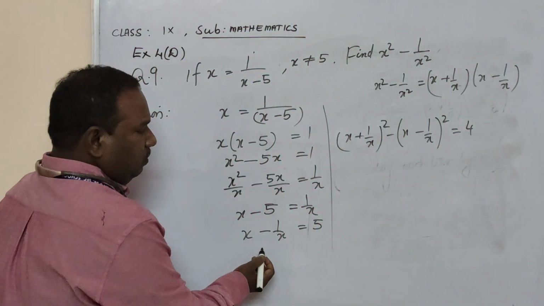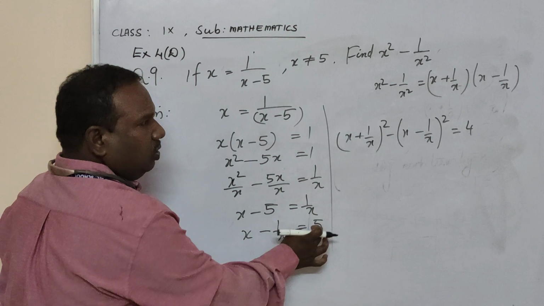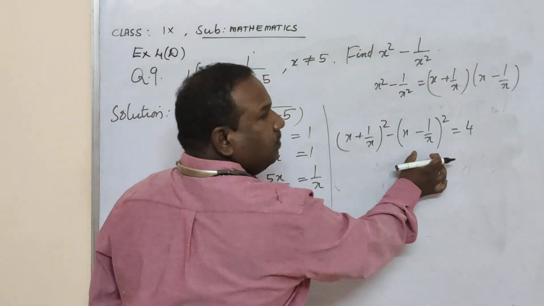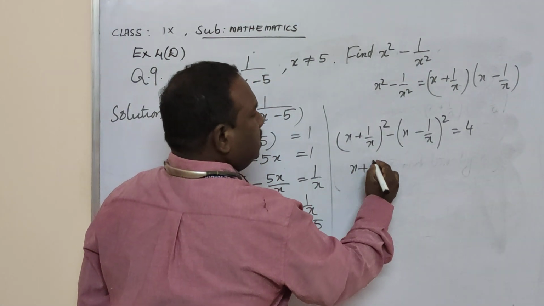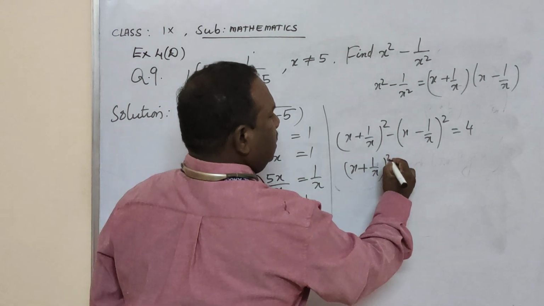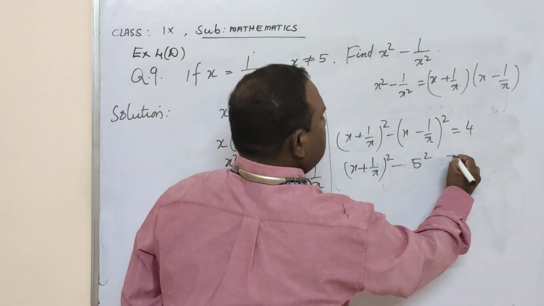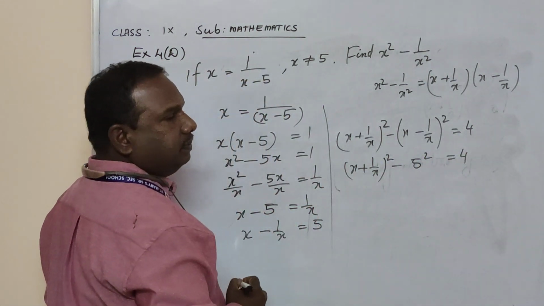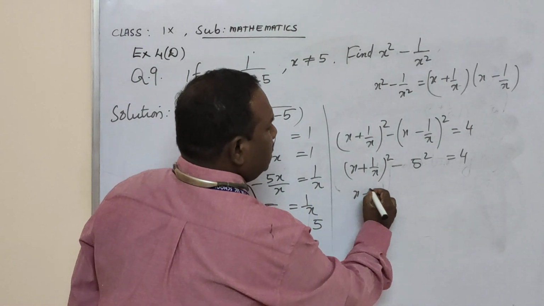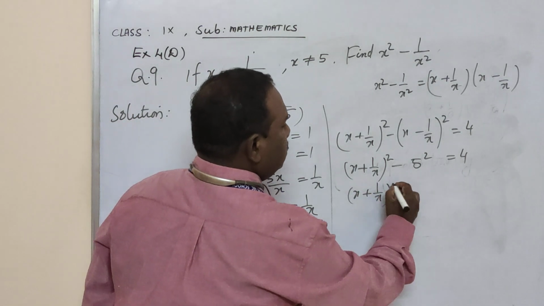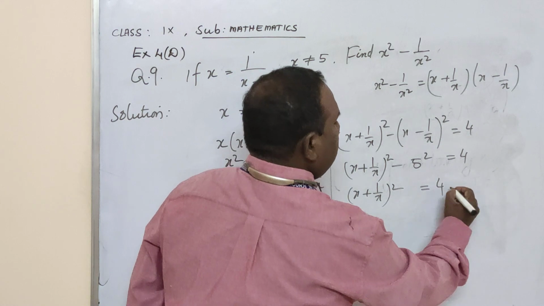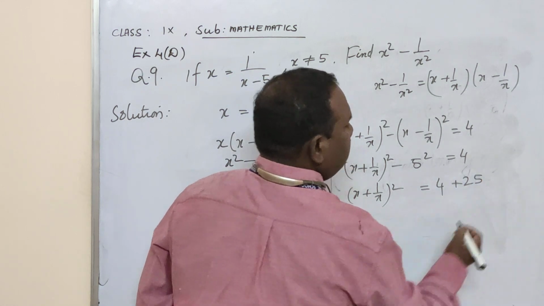Now let's substitute this value. X minus 1 by x is equal to 5. Let's substitute 5 here. X plus 1 by x whole square minus 5 square is equal to 4. Now x plus 1 by x whole square is equal to 4 plus 25.